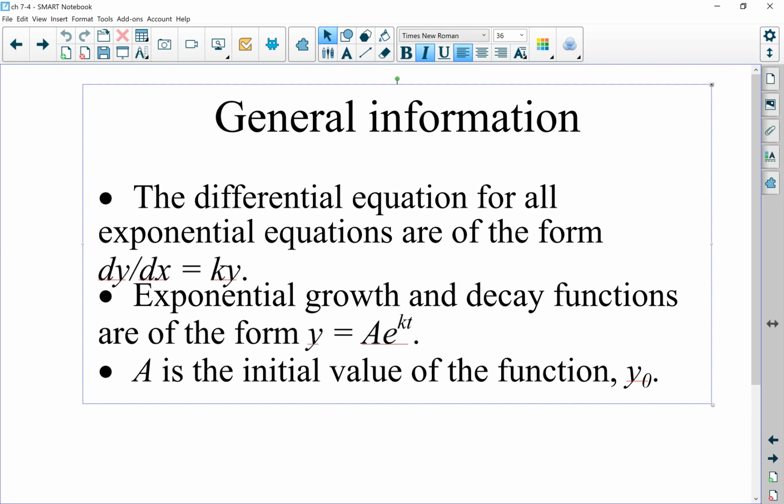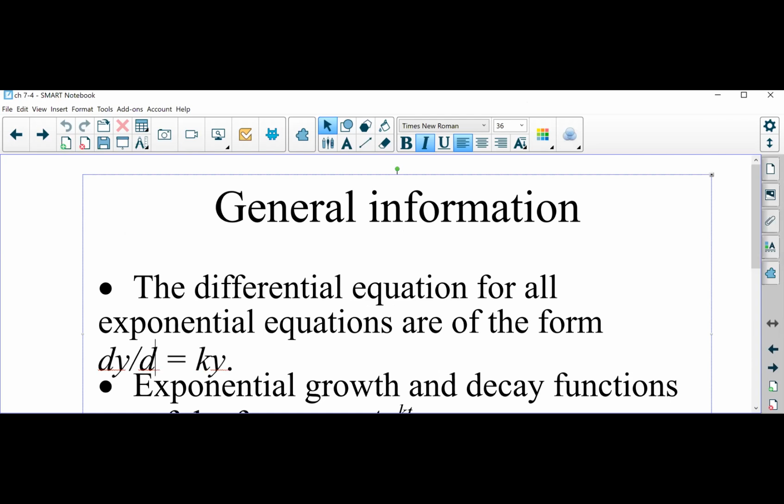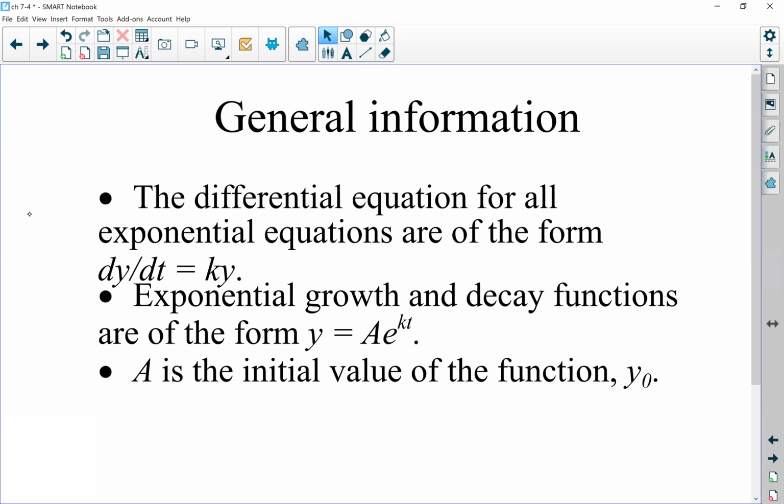And a is simply our initial value, or y sub 0.